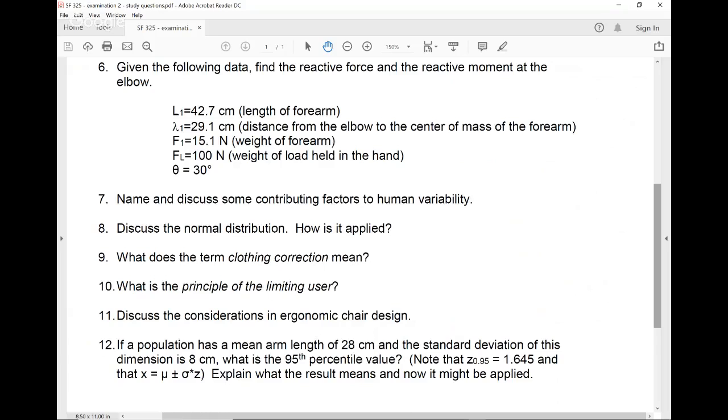We also have an angle theta. We have 2 distances here that we need to keep in mind. Does anyone remember the equation for torque? There are 3 parts to it. We're going to use each part from here.